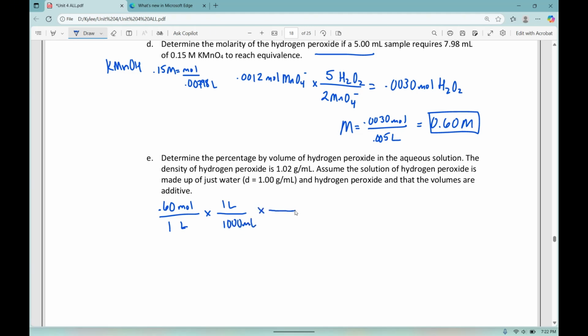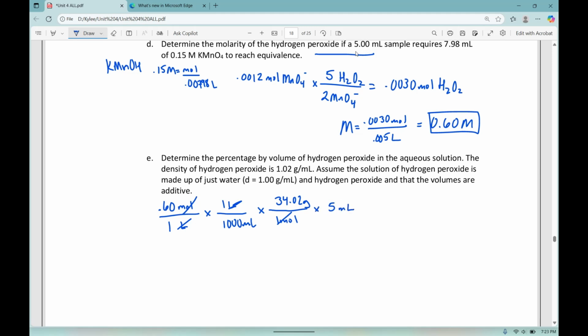Then I'm going to change that to grams, so liters are gone. Next, I'm going to say that 1 mole of peroxide is equal to 34.02 grams on top. And now moles cancel. And it says that I have 5 milliliters of solution.